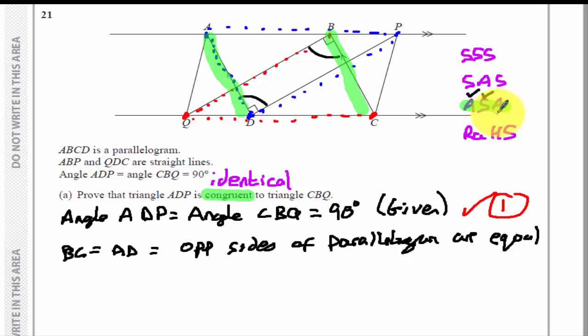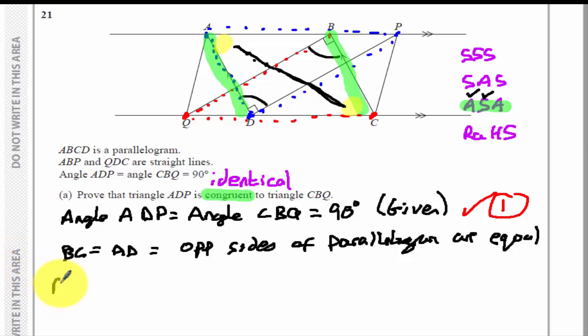I just now need to work out the other angle, or show that that is the same. And then I have proved the congruency. Now angle PAD, this one here, and BCQ, this one down here, they're going to be equal. So you need to know quite a lot about parallelograms here, but these opposite angles are the same size.